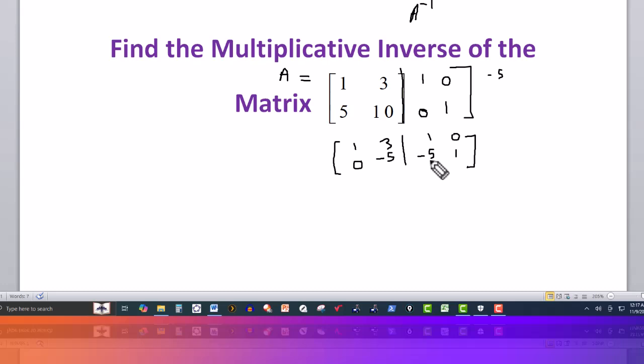Same thing here. Negative 5 divided by negative 5 is 1. And 1 divided by negative 5 is negative 1/5. So we got a 1, 3. This is 1, 0. And now I'm dividing the second row by negative 5. So this stays a 0. Negative 5 divided by negative 5 is 1. And 1 divided by negative 5 is negative 1/5.